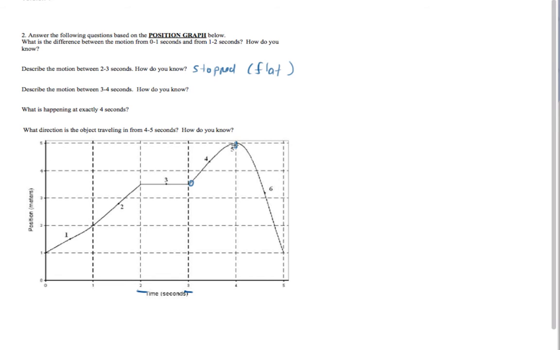Let's describe the motion between 3 and 4 seconds. Here we're going fast and then we slow down because the curve levels off.